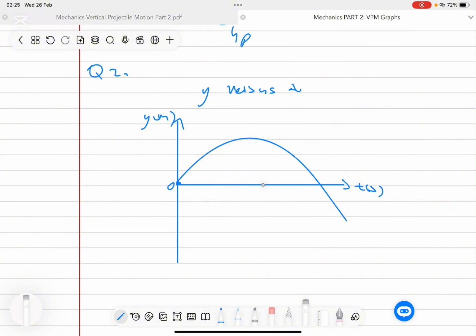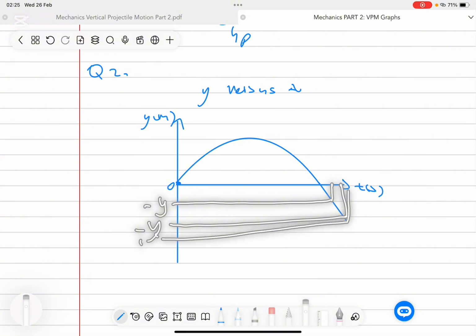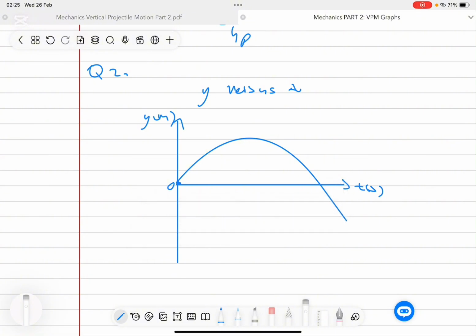Then past this point, we occupy the same positions we occupied when we were going up, and then we get to 0 again at some point here when we're at the balcony. But after the balcony, when the time increases, we then reach new positions that are negative until we get to the ground. So it is still the same parabola that we had, but it moves a little bit downwards like that.